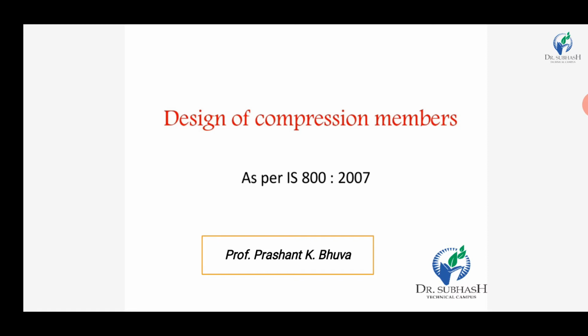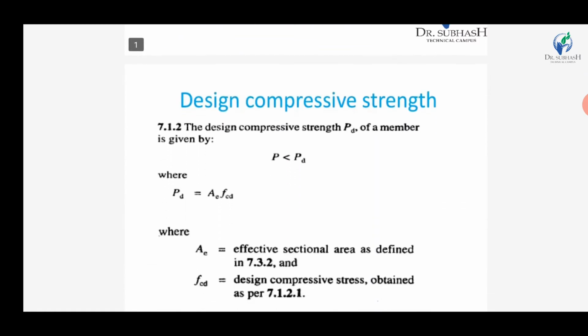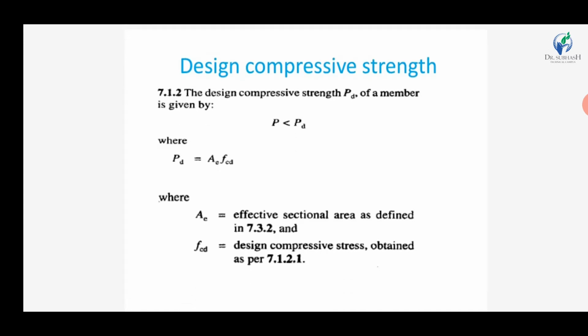Before we start the design procedure, we know that the compressive strength of an axially loaded compression member or column depends upon the following parameters. Mainly these cover the material of the column, which type of material is used, the cross-sectional configuration, which type of cross section we have used in our design, the length of the column, the effective length and support conditions, different stresses, and the last one, imperfection.